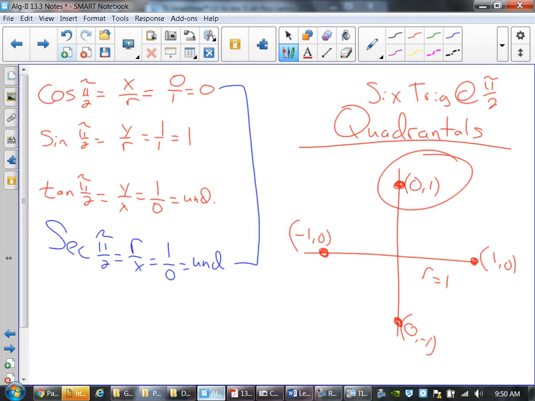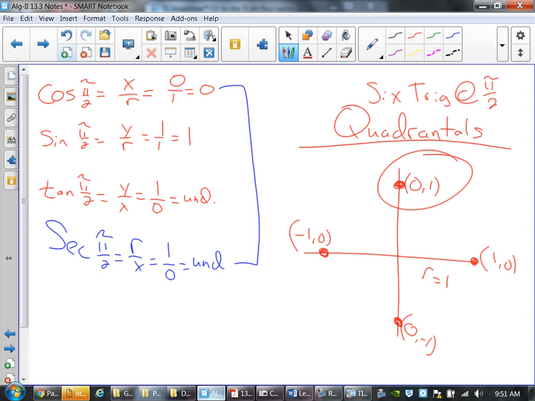Zero and undefined are inverses of one another. You guys probably remember that from slopes. They're reciprocals of each other. Remember, that's how you knew they were perpendicular. They formed right angles. They had opposite reciprocals to one another.